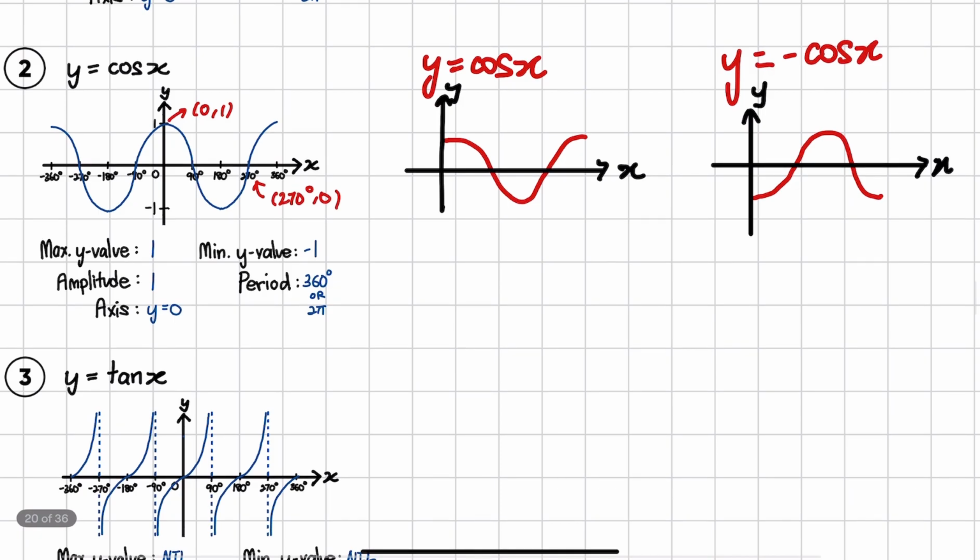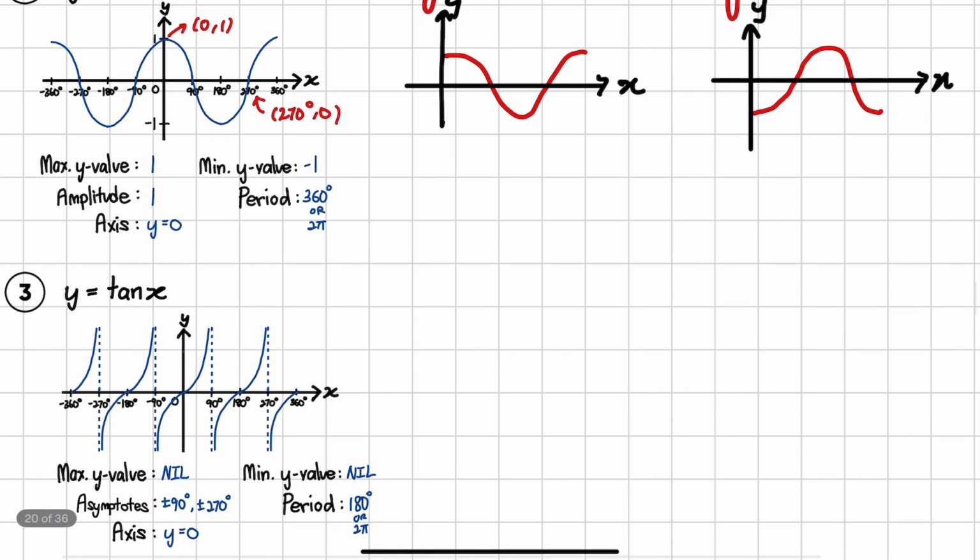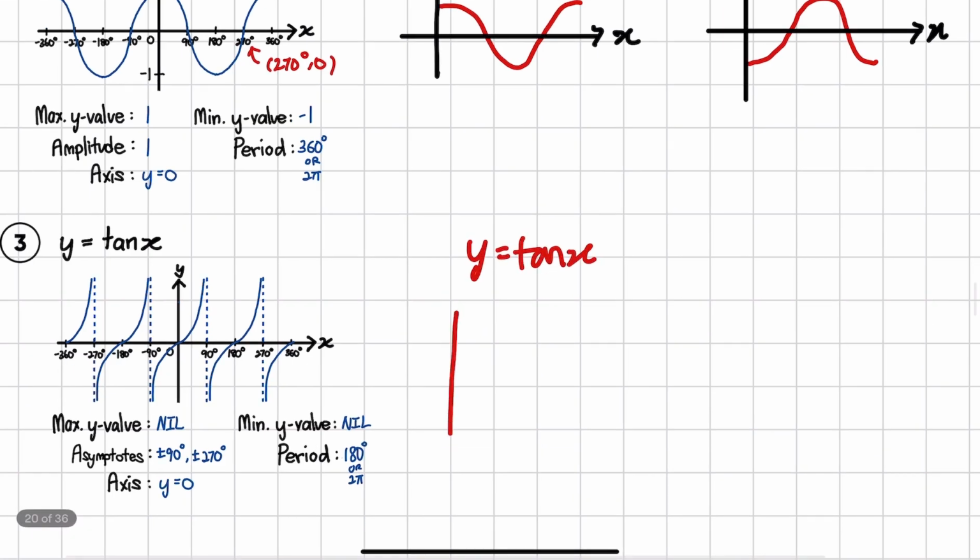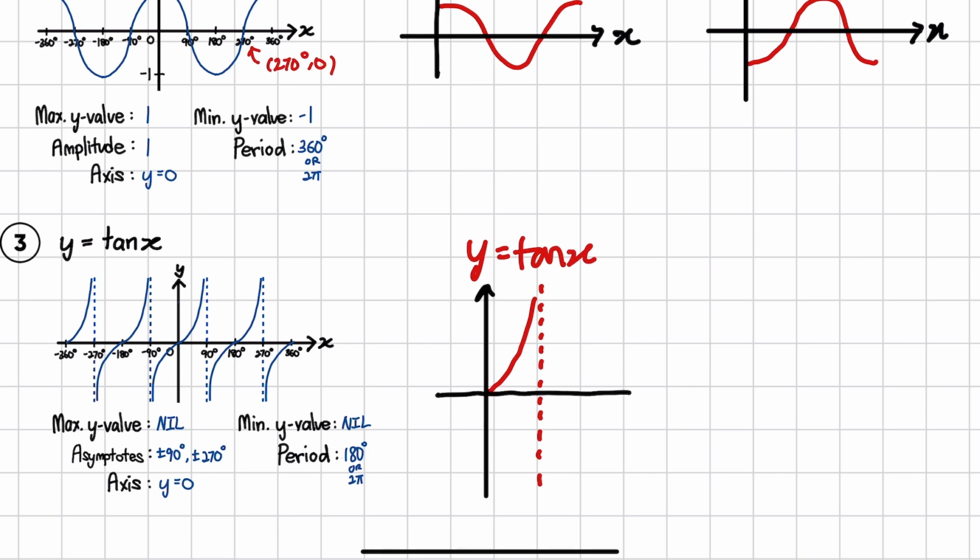For your y equals tangent x graph, you must be able to identify that the shape of your positive tangent x graph always starts from 0, goes upwards like this, and then there is an asymptote. Let me draw this y-axis, and my x-axis here.